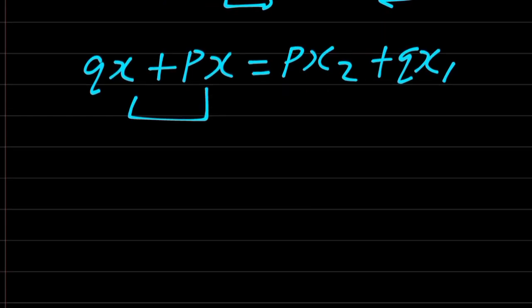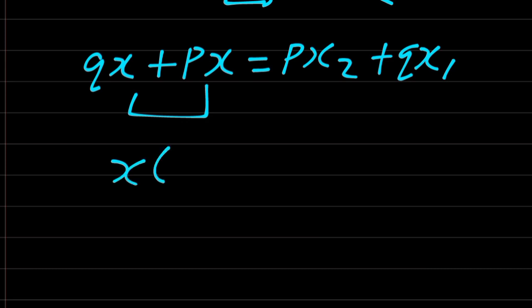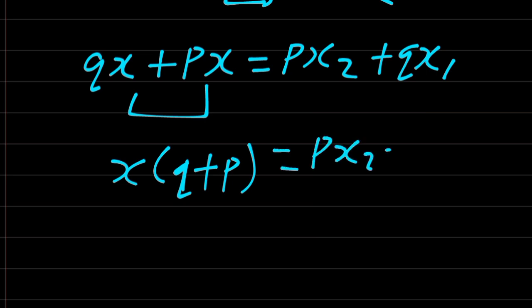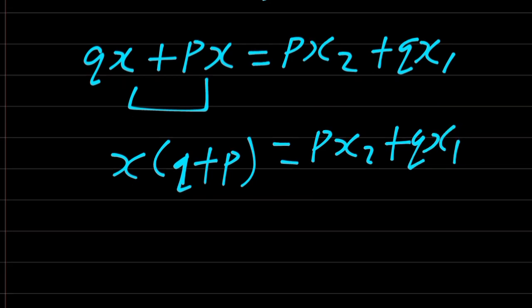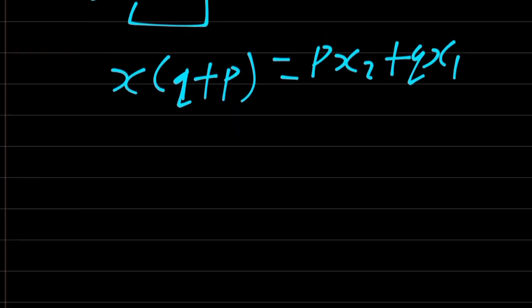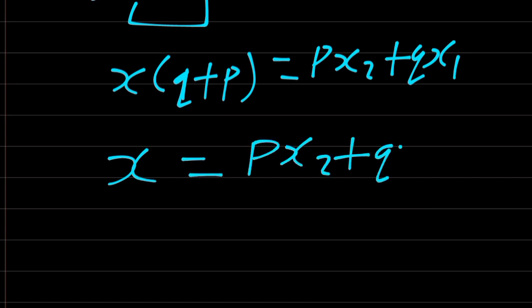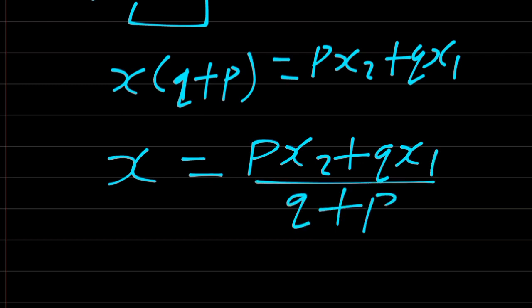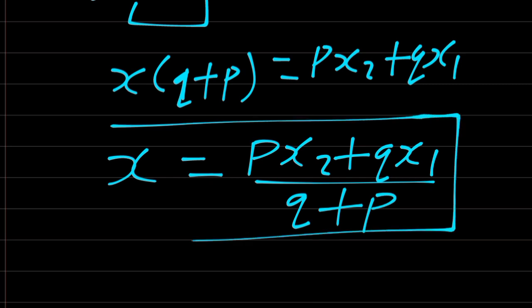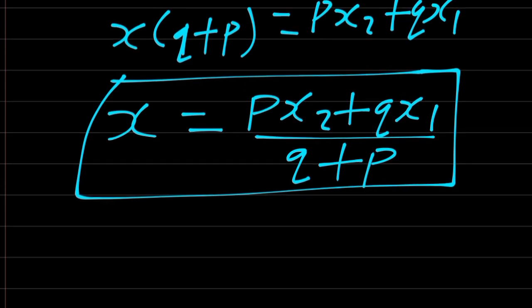Factorize this side, we have x into bracket Q plus P, which is the same thing as P plus Q, is equal to Px2 plus Qx1. Divide both sides by Q plus P. Therefore, we have x is equal to Px2 plus Qx1 over Q plus P. So this is the division of a line into a given ratio.